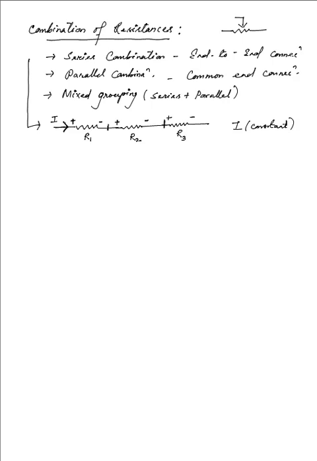That is, we have the potential across R1 as V1, across R2 as V2, and across R3 as V3, because R1, R2, R3 are considered to be resistances with different values, though they may be the same. If they are the same, the potential difference across each resistance will be the same. That is, for R1 equal to R2 equal to R3, we will have V1 equal to V2 equal to V3 in case of series combination having end-to-end connection.